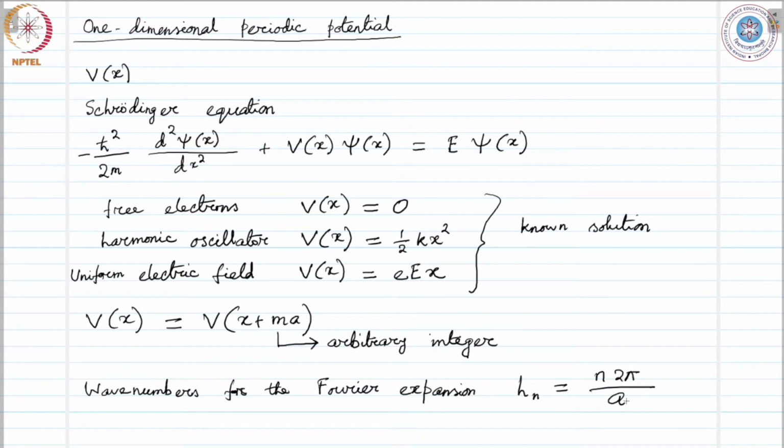Now, if we express this potential V(x) in terms of a Fourier series, we can write V(x) as the sum over n equals minus infinity to plus infinity of V_n e power i h_n x.